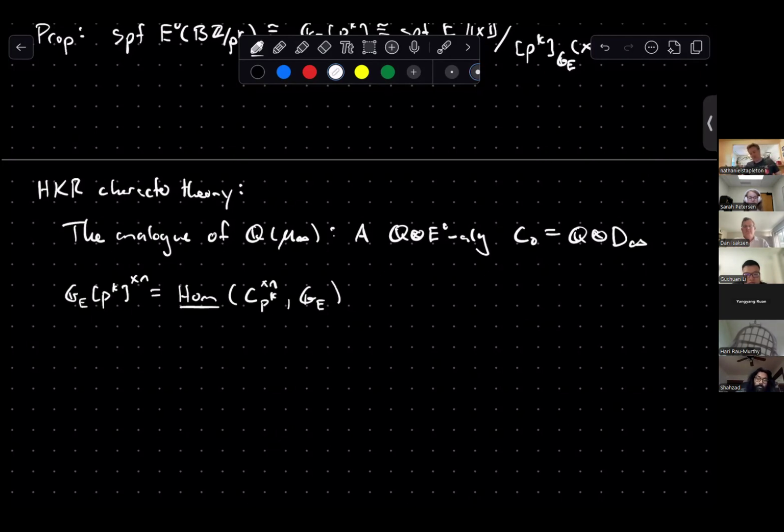I'm using C_{p^k} instead of Z/p^k because I'm really thinking about this as a kind of Pontryagin dual of Z/p^k. And so there's this scheme of maps from the constant group scheme, which is C_{p^k} to the n, into the formal group G_E. And that's this thing on the left. And this contains a very special subscheme, which is called level structures.